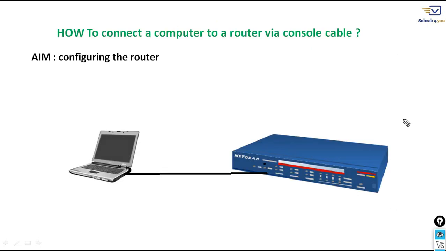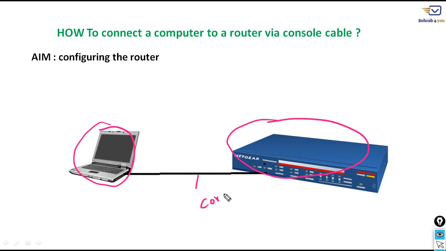So how to connect a computer to a router via console cable. Why are we going to connect a computer to a router via console cable? To configure the router. Look, if we do not connect a router to a computer, how should we configure it? The router itself doesn't have a keyboard to type on.